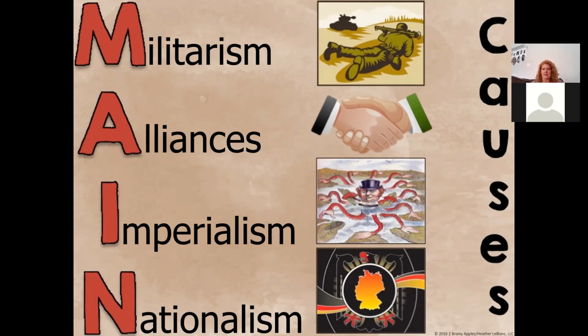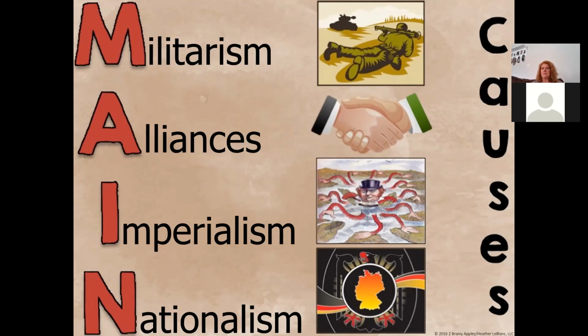Imperialism, which we talked about at length, this going in and taking over other countries and using them for resources, which also contributed to having the ability for weapons, for militarism. And then nationalism, as borders were drawn, ethnicities were not always recognized.